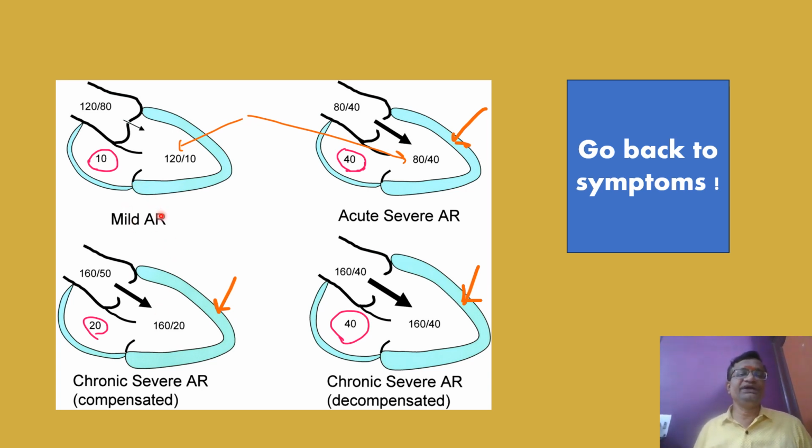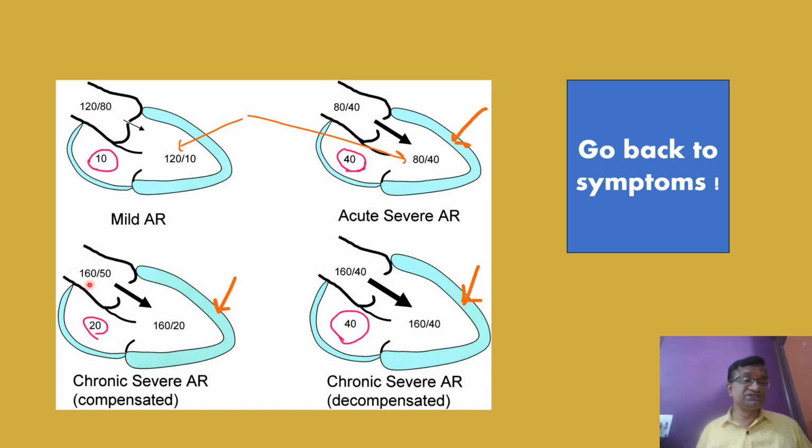Now if you want to go through it again, this is the aorta. This is the LV. Now you see this is almost normal, 120 by 10. Here the LA pressure has increased slightly to 10. Now 128. In chronic AR, what happens is systolic rises and the diastole also rises, but not much. Here the LA pressure also rises slightly.